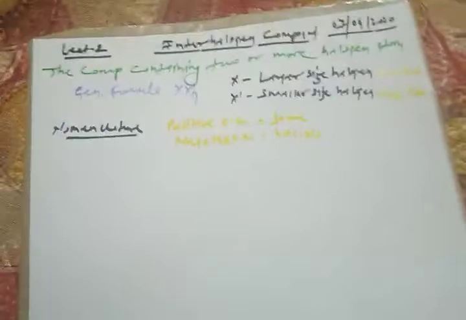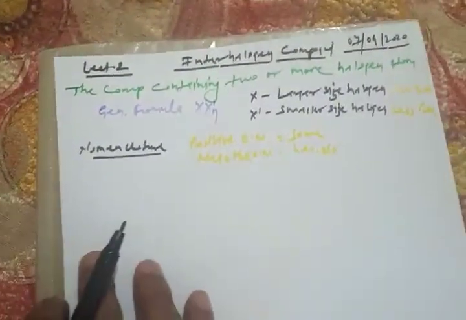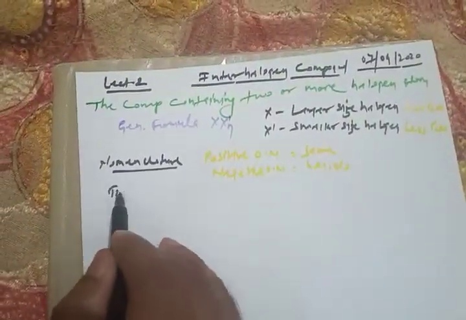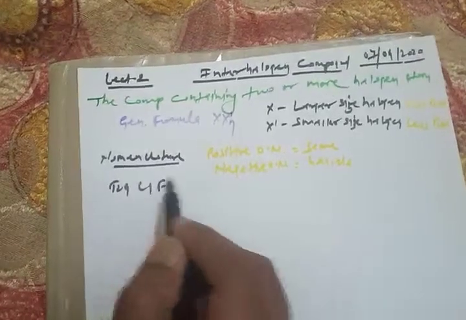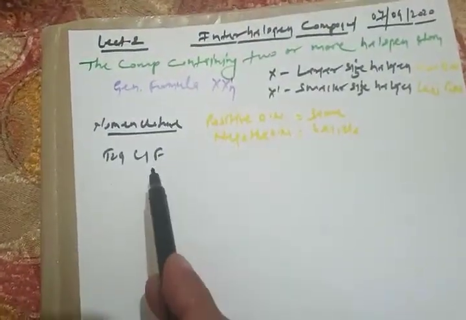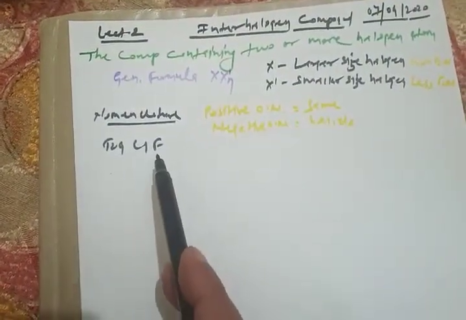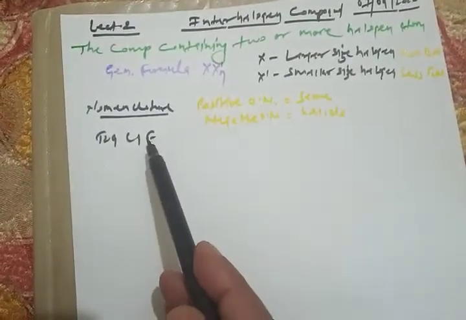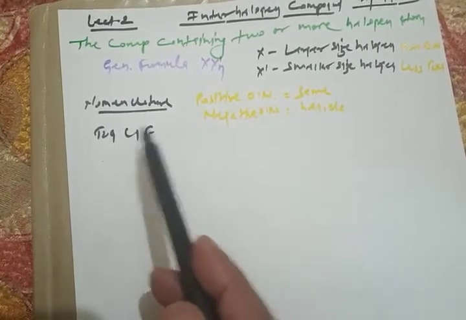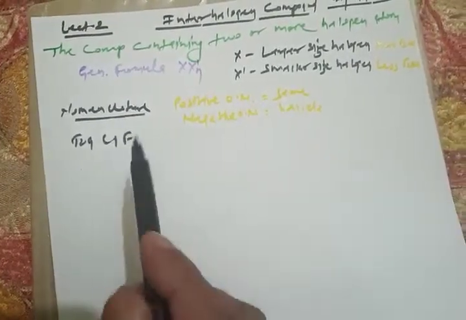So let's take an example of ClF. In this case, as we know that fluorine is more electronegative compared to chlorine, we will consider this as a negative oxidation number, and this is a positive one.